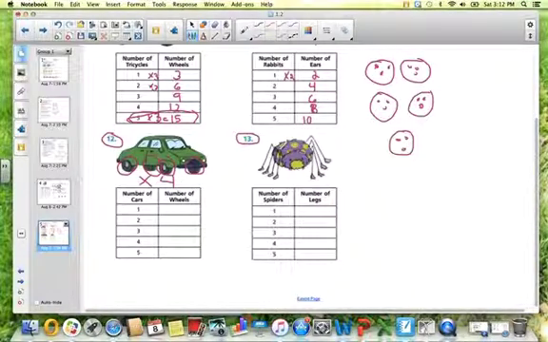And then for 13, I'll give you the rule for both of them, and then I want you to pause the video and solve these two problems on your own or with a partner, and then check back to see if you got the answers correct. The rule for number 13 would be 1, 2, 3, 4, 5, 6, 7, 8. The spider has 8 legs. Okay, so pause the video and then come back and check your answers.